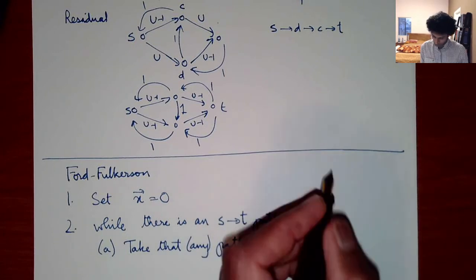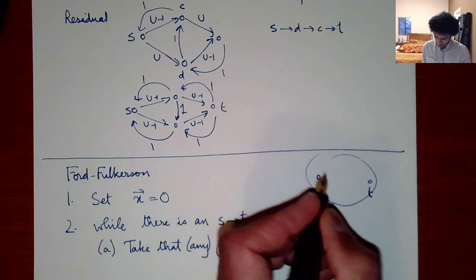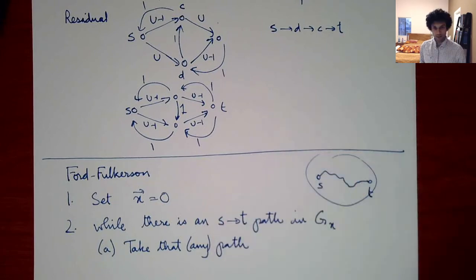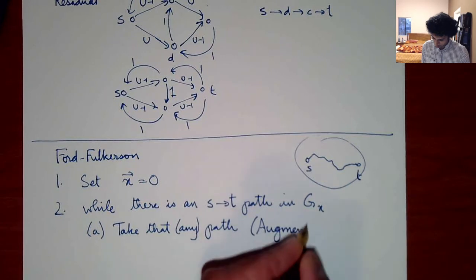You've computed some residual, and now there exists some directed path. This is called the augmenting path.